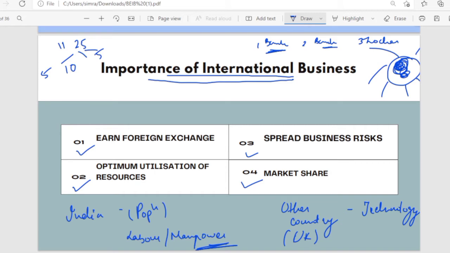Now some companies, okay, XYZ companies, they want to grow their business. Like now they have started their business in their home country, and for 2 to 3 years they have run the business in their home country and they are earning a nice amount of profit also. Okay, everything is going on well, but now they want to achieve something more, something better, something larger.